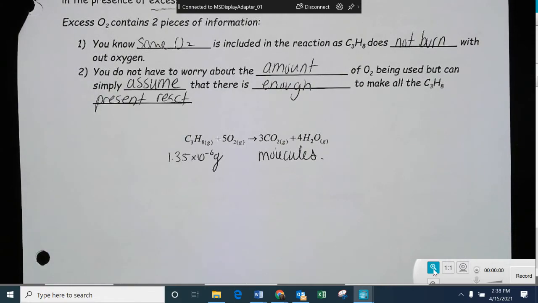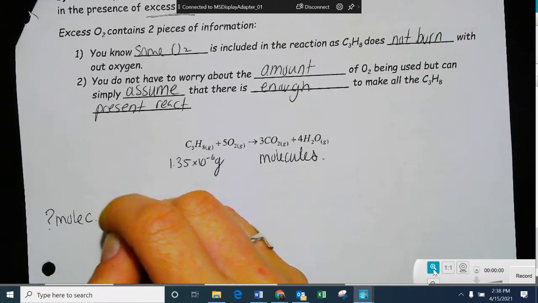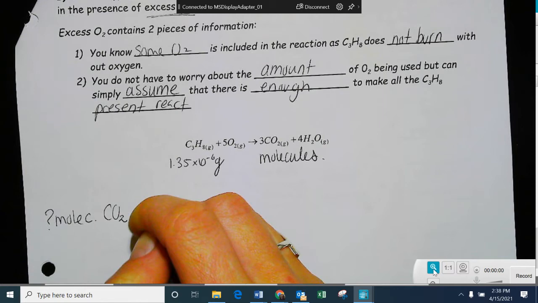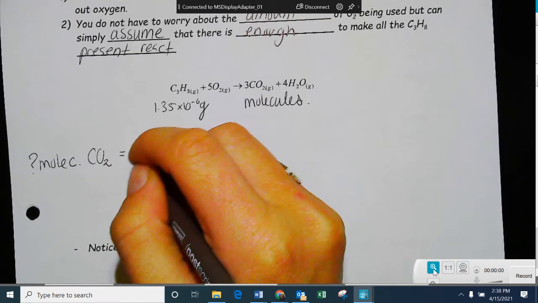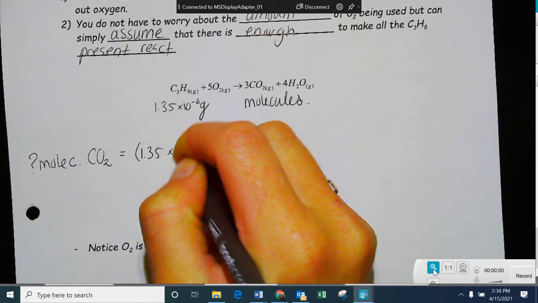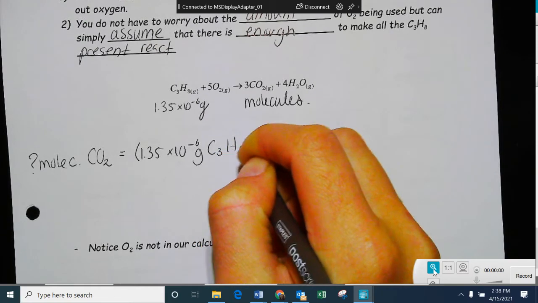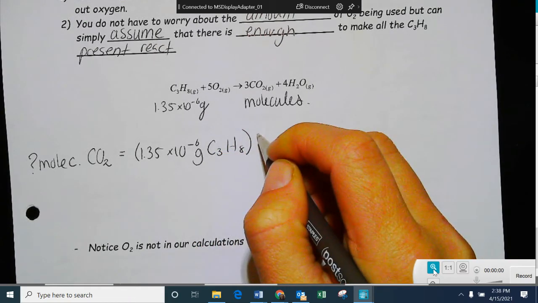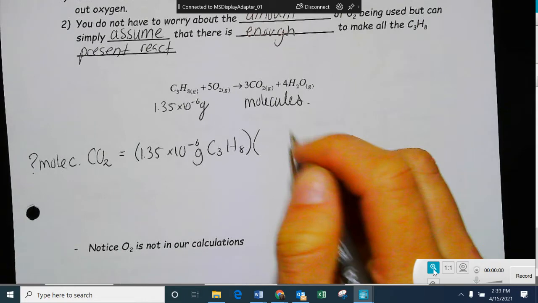Okay. So in order to find that, if you want to abbreviate molecules, you can go MOLEC. Just don't confuse that with moles. Throw a C on the end. So molecules of CO2, 1.35 times 10 to the negative 6 grams of propane. And then first step, again, is we have to get that into our number of moles of propane we have.